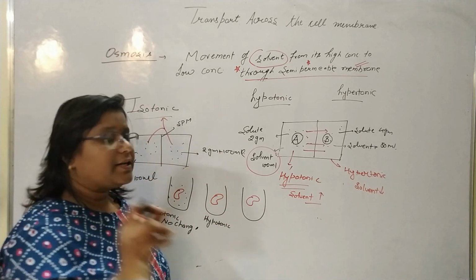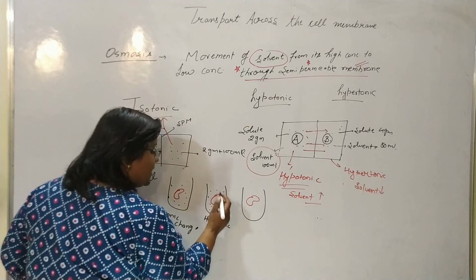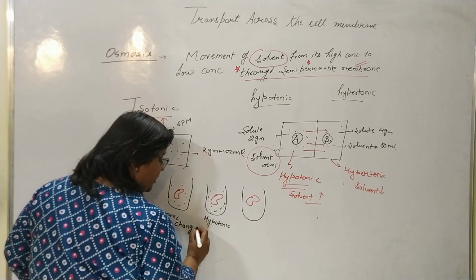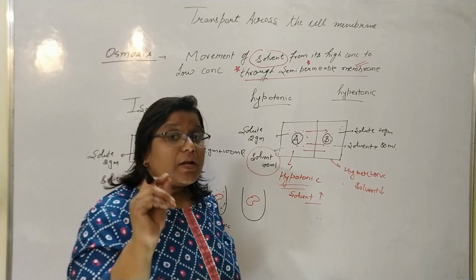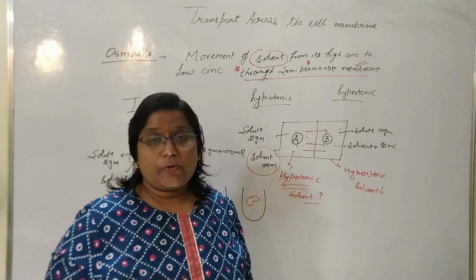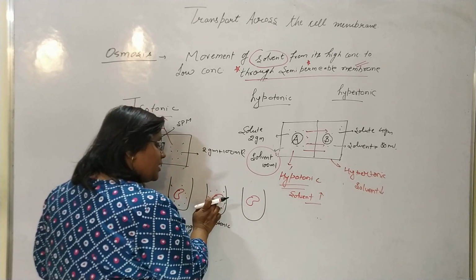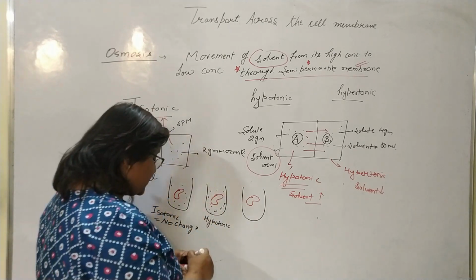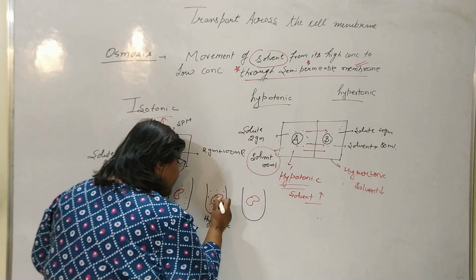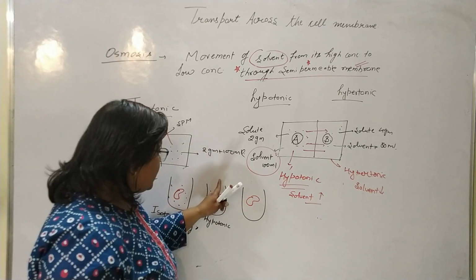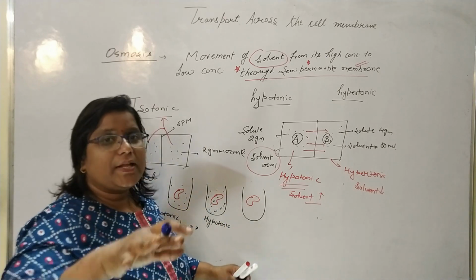it means the water concentration is more in the test tube as compared to the RBCs. In a hypotonic solution, the water molecules present inside the RBCs are lesser as compared to the water molecules present outside, surrounding the RBCs.